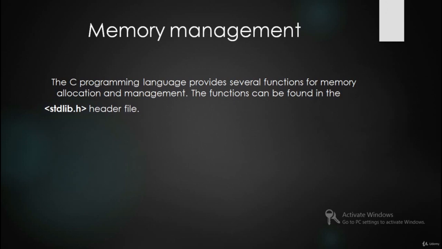Hi, in this topic we are going to learn something about memory management. The C programming language provides several functions for memory allocation and management. The functions can be found in the stdlib header file.